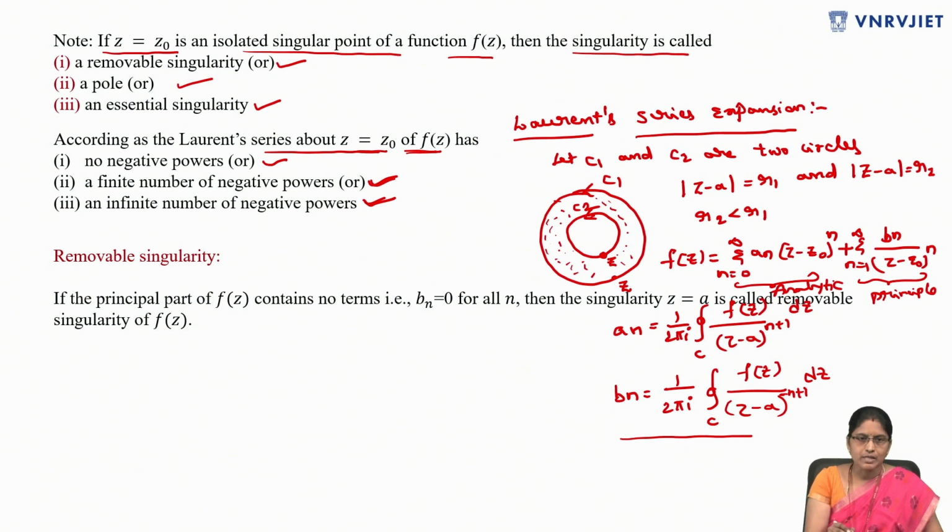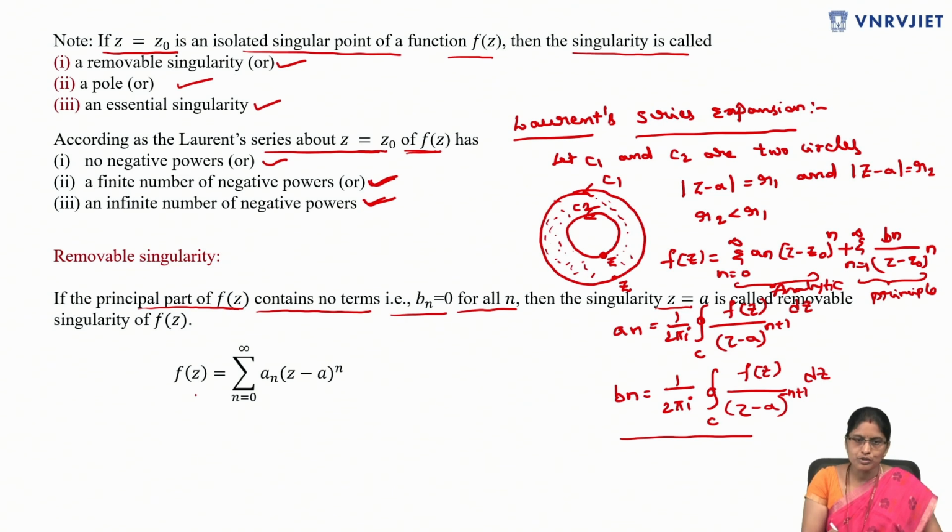Next, we discuss the definition of removable singularity. If the principal part of f(z), that is summation n = 1 to infinity bn / (z - z0)^n, contains no terms, that is bn = 0 for all values of n, then the singularity z = a is called a removable singularity of f(z).